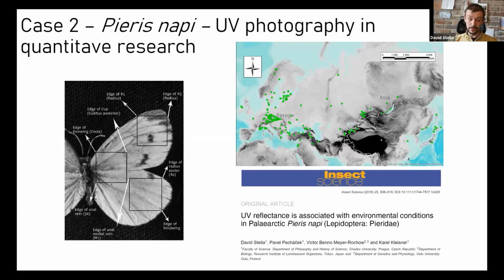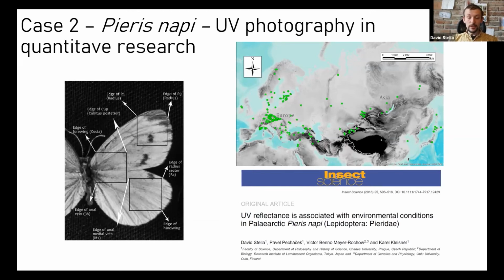In this case, the whole wing surface is predominantly reflecting UV light, with some pigment acting as absorbers. These pigments, no matter the name, are some kind of pterins, but this deposition of pterins in wing scales and UV coloration could be indicative of the quality of these individuals.